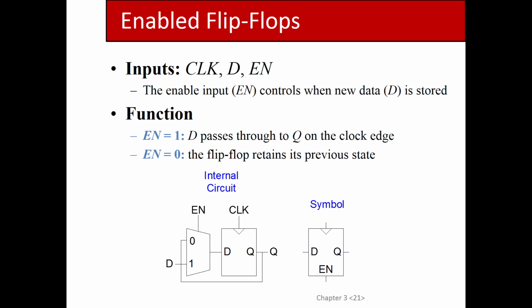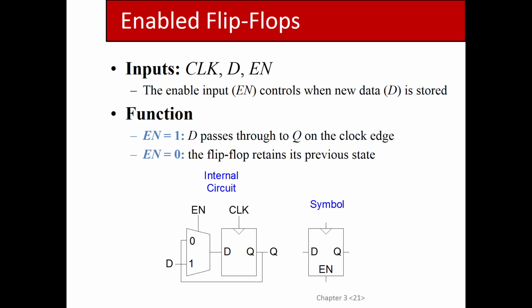You have a mux here that if enable is low, it will just continuously feed in Q every cycle. If enable is high, then it passes D through, right? This, by the way, is similar to what we had on the exam, right? That question with the muxes on the exam where we were using muxes to block or to route data, right?